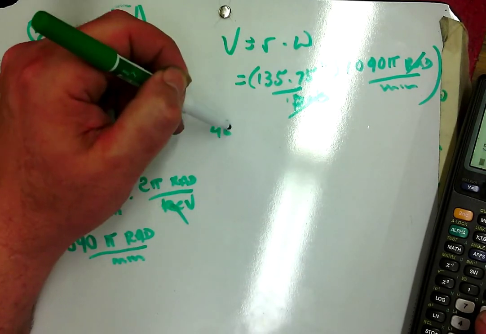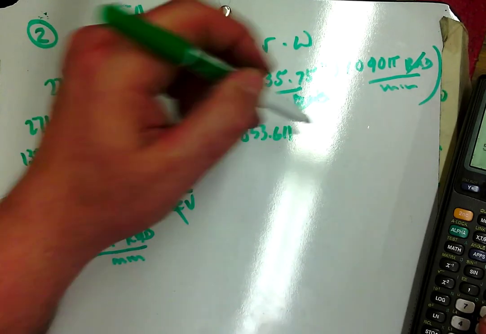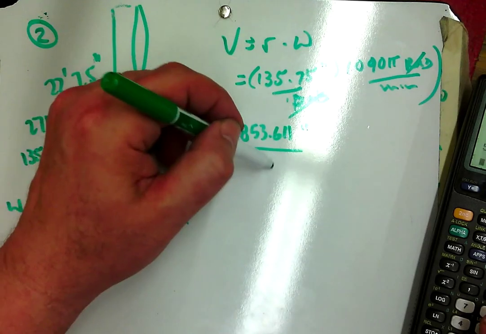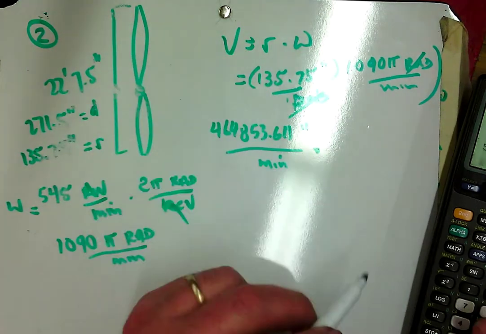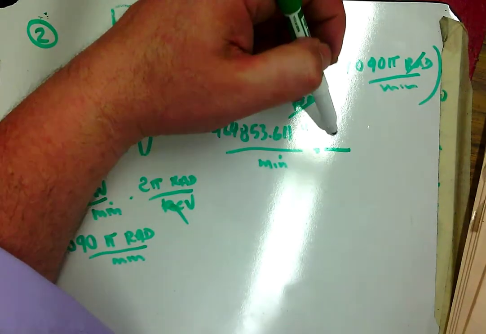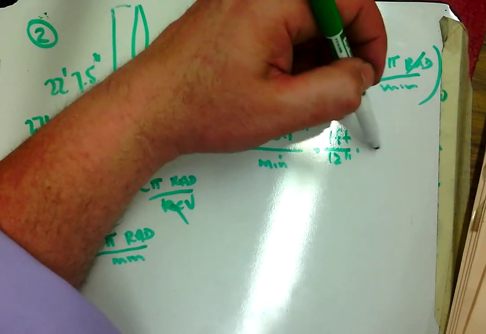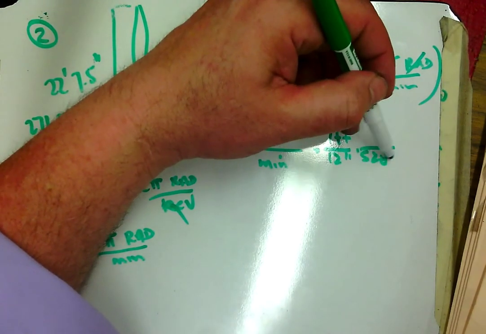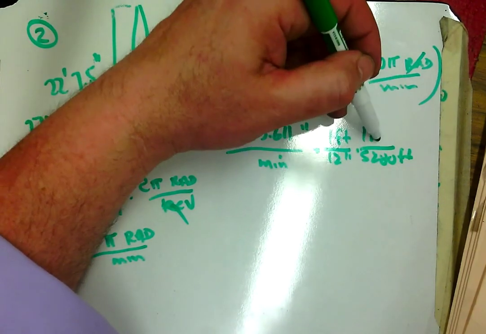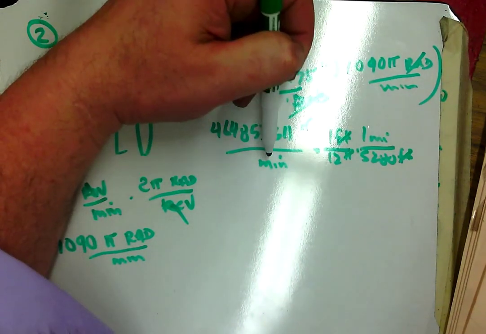That's 546,485.3611. Those are inches per minute. And I need to convert that to miles per hour. So I know that 1 foot is 12 inches, and 5,280 feet is 1 mile. So I'll be able to get to miles, but I'm still in minutes.